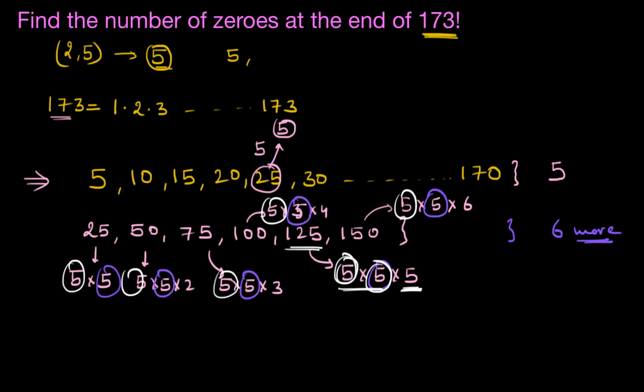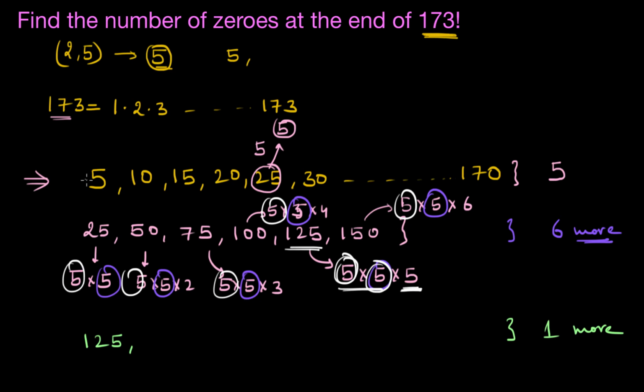So let me write that down. I have here 125. The next multiple will be 250, but this is greater than 173, so I won't count that. So I'll get one more extra 5 from 125.